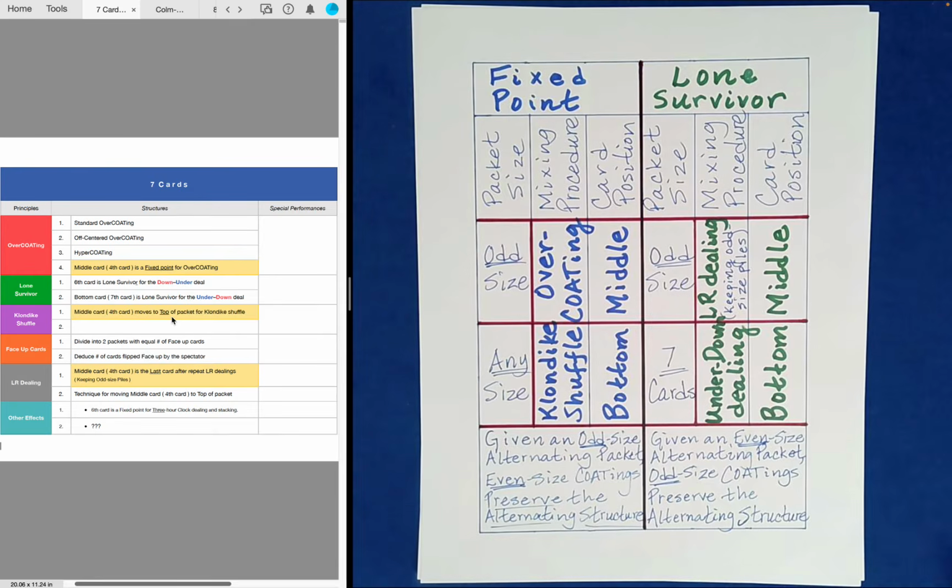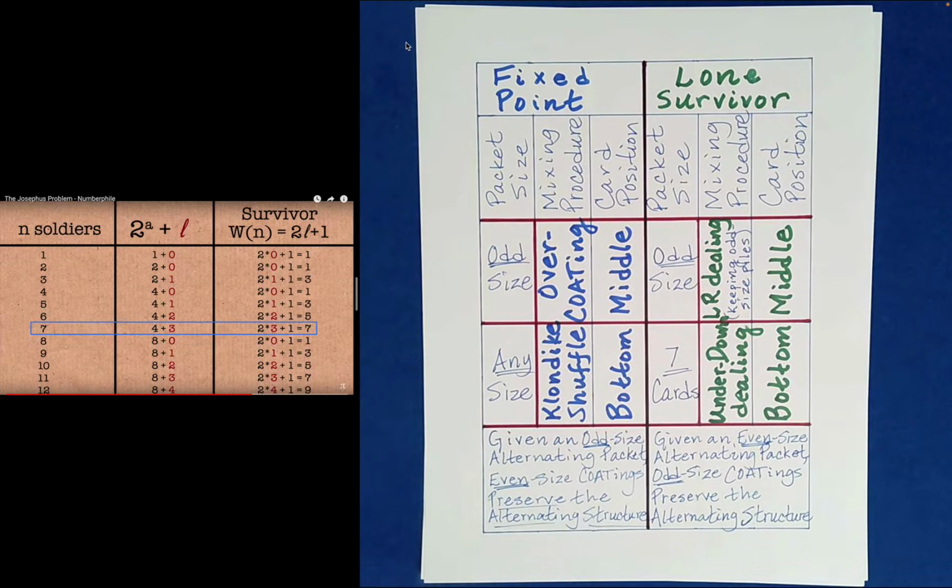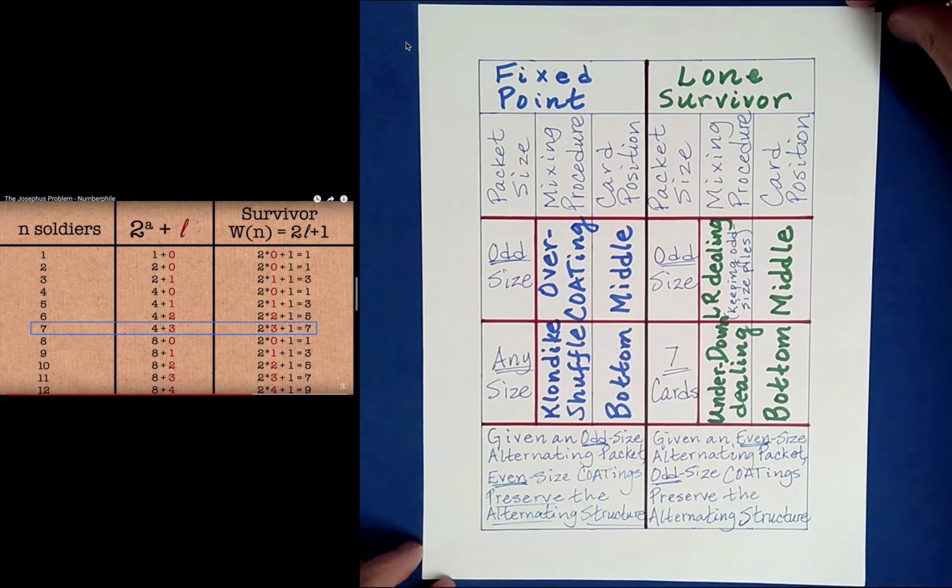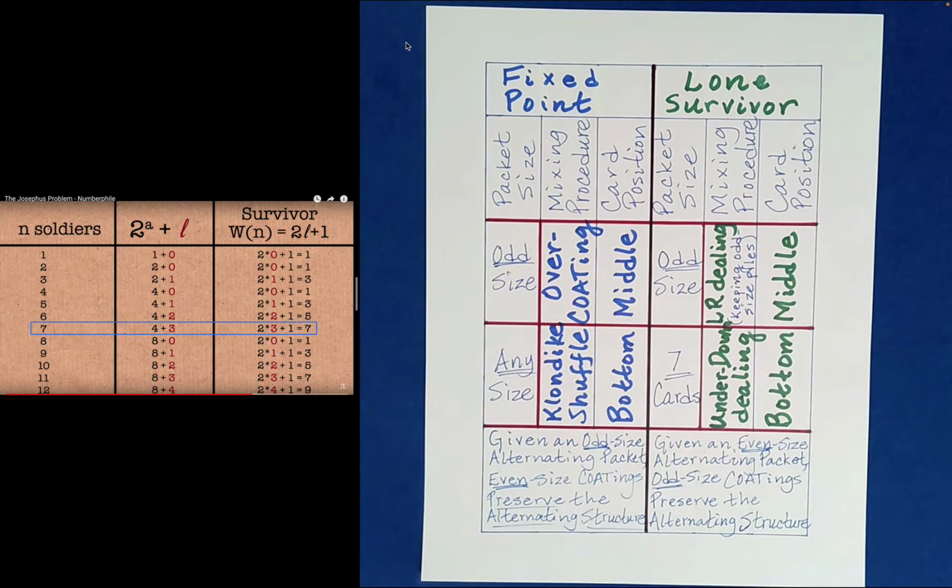Okay? So what I want to show you here is I already have recommended that you watch this Numberphile video that talks about the underdown dealing or the lone survivor principle. What I've done here is a screen capture of one of their diagrams, one of their charts within that video.